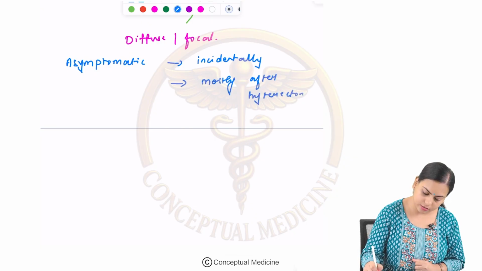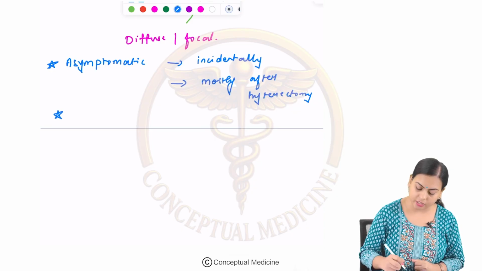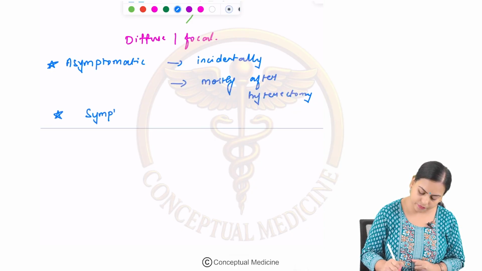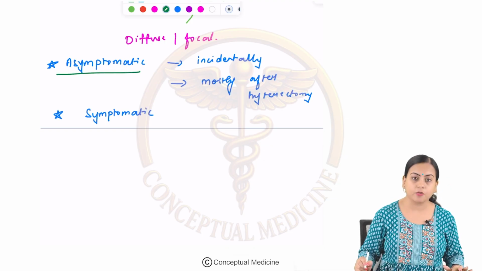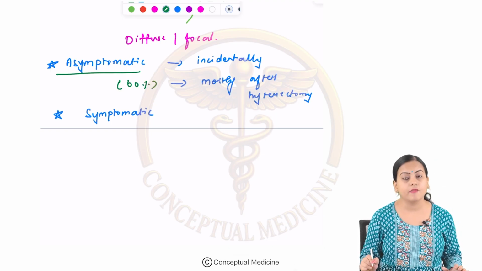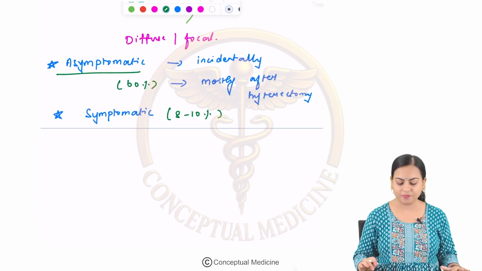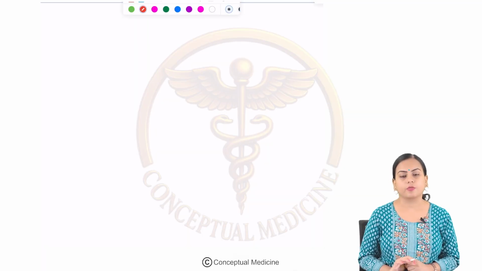In some patients it can be symptomatic as well. Asymptomatic adenomyosis is seen in 60% of females, whereas symptomatic adenomyosis is seen in 8 to 10% of females. Let's see the pathogenesis of adenomyosis.